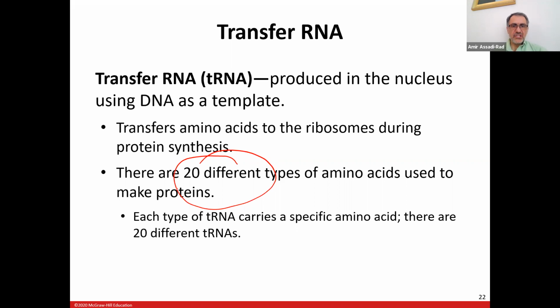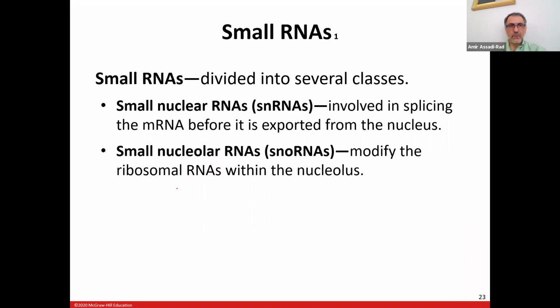Anyhow, each type of tRNA carries a specific amino acid. There are 20 different tRNAs. Small RNA divides into several classes. Small nuclear RNA, snRNA, is involved in splicing the mRNA before it is exported from the nucleus, which I will talk about.